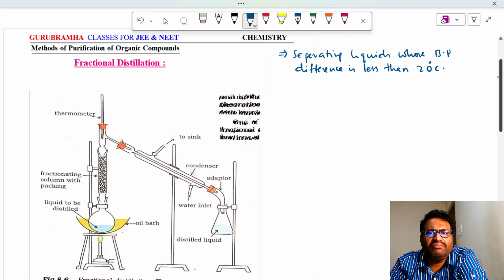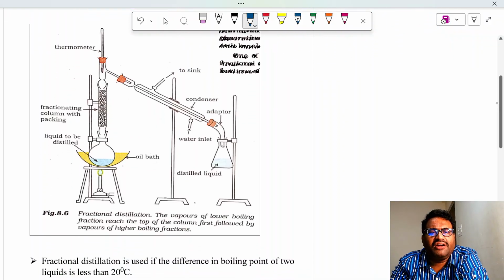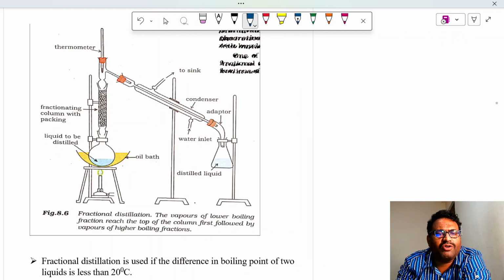So from childhood, that means from high school, we used to study that petroleum can be separated into different components by the process called as fractional distillation. Okay, so here is the set up for fractional distillation apparatus. The only difference between simple distillation and fractional distillation is this fractionating column. What is this, sir? Fractionating column.